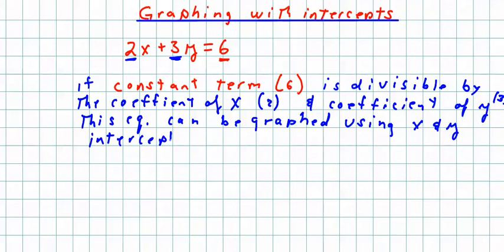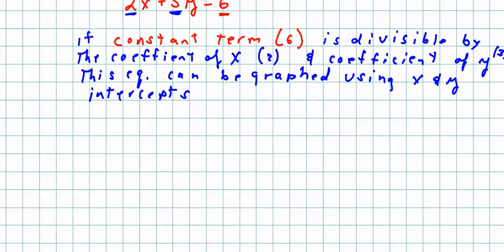All right, let's look at how this is done. Our equation was 2x plus 3y equals 6. What we want to do is find out what x equals when y is 0. When y is 0, 3 times 0 is 0.